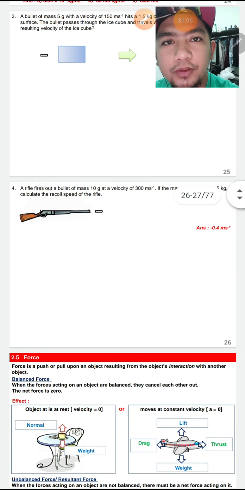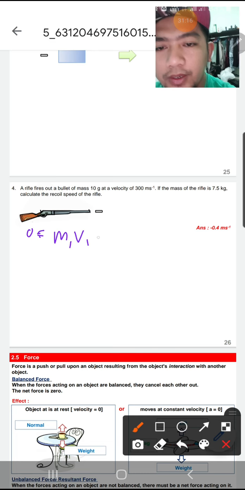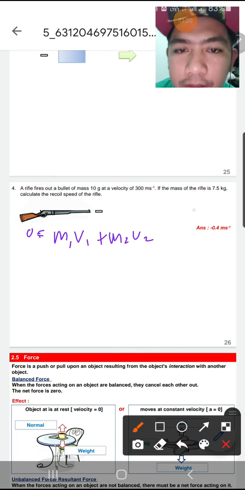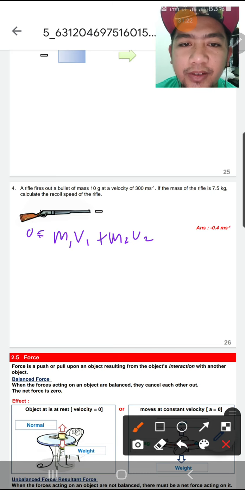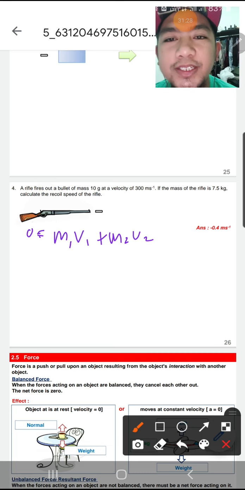So the formula for this situation is 0 equal to m1 v1 plus m2 v2. Alright, if the mass of the rifle is 7.5 kilogram, calculate the recoil speed of the rifle. So speed means velocity.